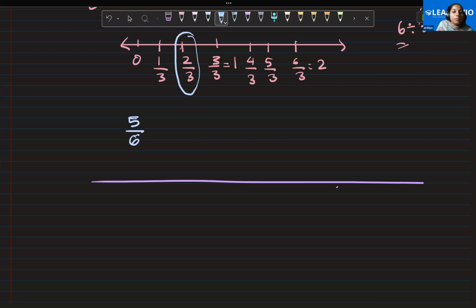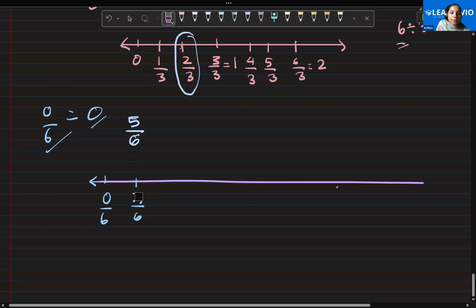So let me write 0. Then, just like the example 2 by 3, 1 by 6, 2 by 6. You can also write 0 by 6 because it's the same thing. 0 by 6 will give you 0. So you can write either 0 by 6 or just 0.